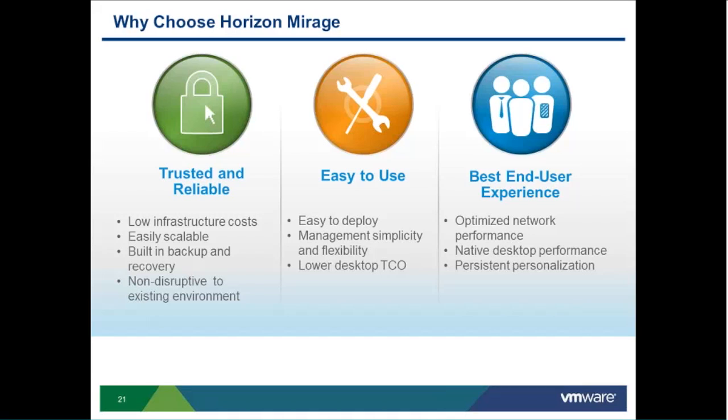You can have entry level NAS boxes, save the data on that, and you are good to go. Other than that, you have everything secured in the centralized location. That means at any point in time, if a user wants to restore anything, he can restore immediately. So this is a solution which is completely trusted and reliable.